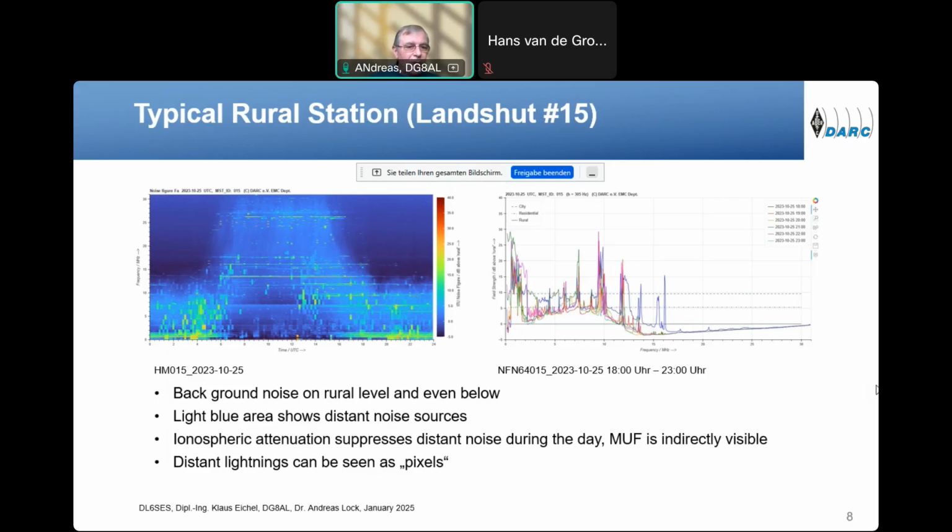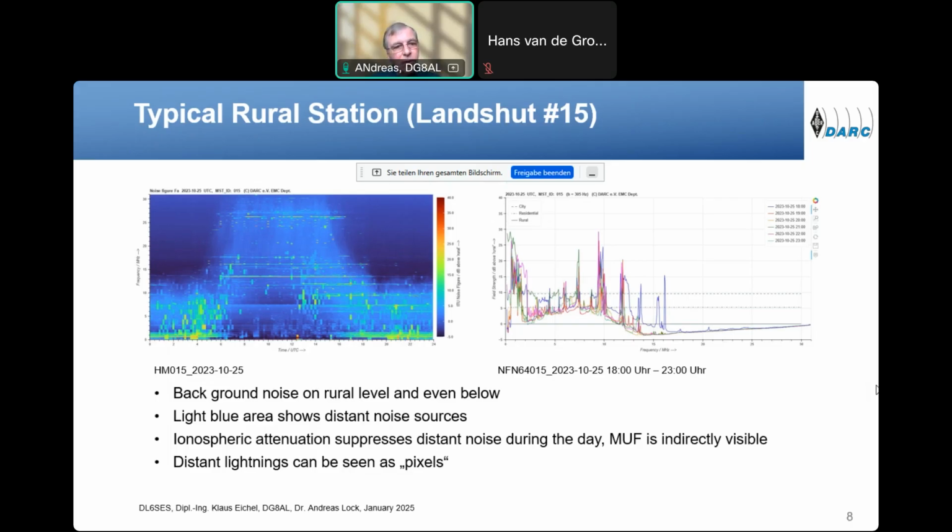But you also see this light blue area on the upper left and also on the upper right, and in the middle at lower frequencies. This blue area is due to the damping of the D layer during the day, because the light blue signals are interference signals which come from a larger distance.